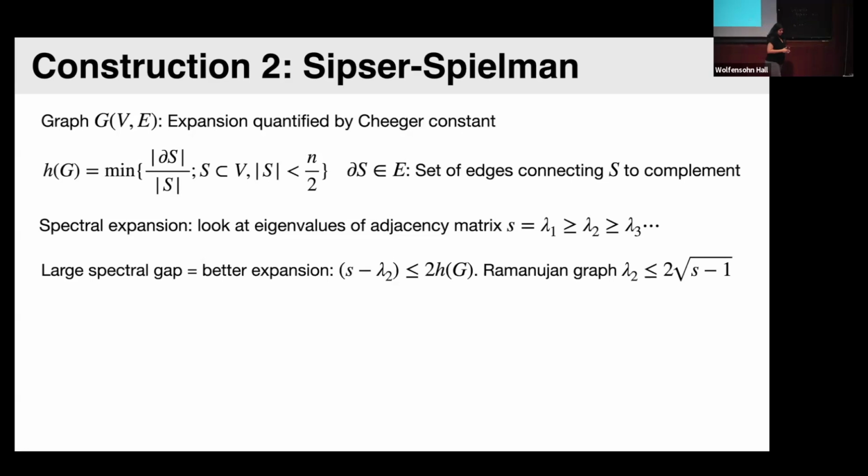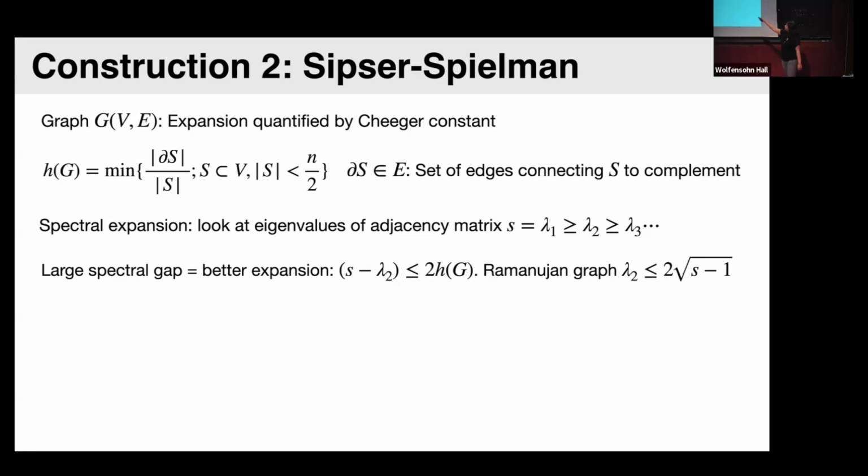What's very commonly studied in studying expansion properties of graphs is actually a property known as spectral expansion. If you have this graph, you can look at the adjacency matrix of the graph. The adjacency matrix is just telling you which bits are connected to which edges. When you look at the adjacency matrix, you look at its eigenvalues.